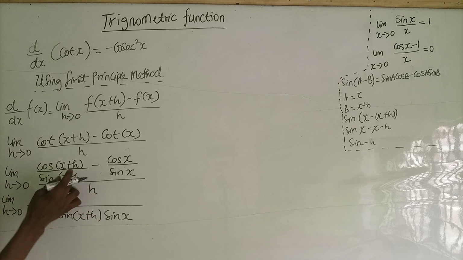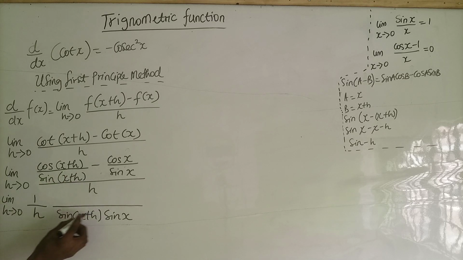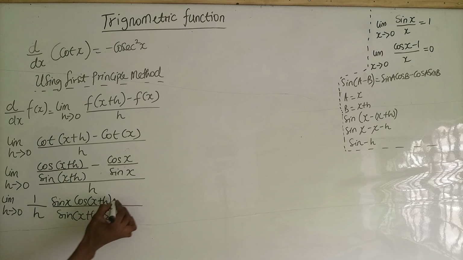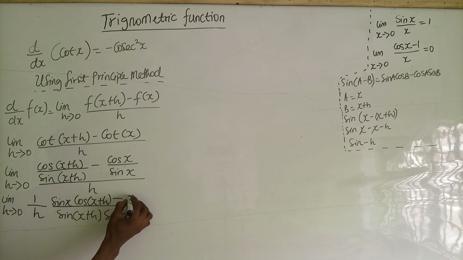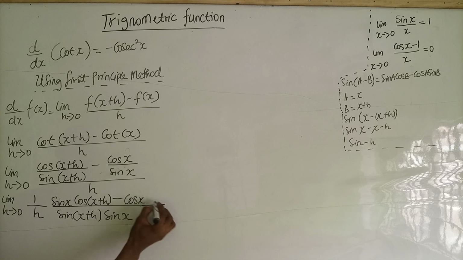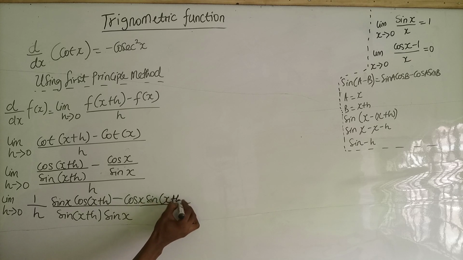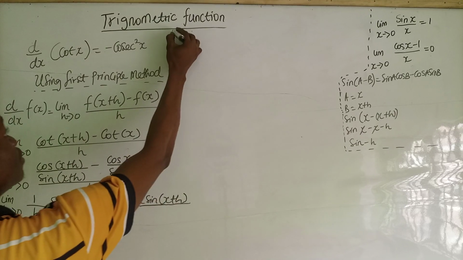So this into this, this one we cancel, we are left with sine x times cos x plus h, minus this one into this one, this one we cancel, we are left with cos x sine x plus h.